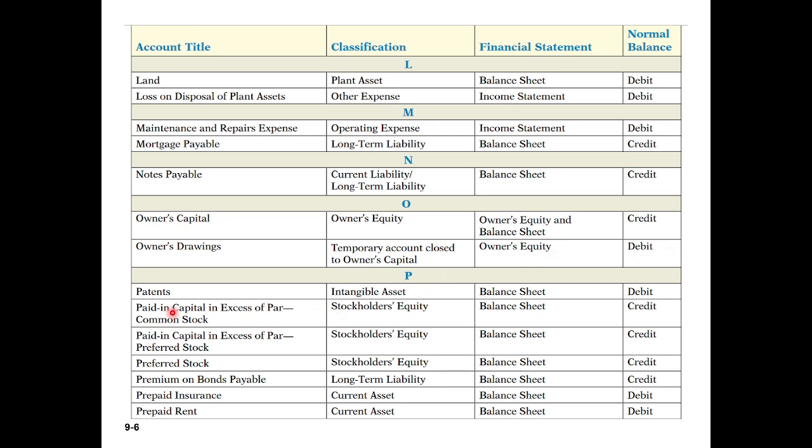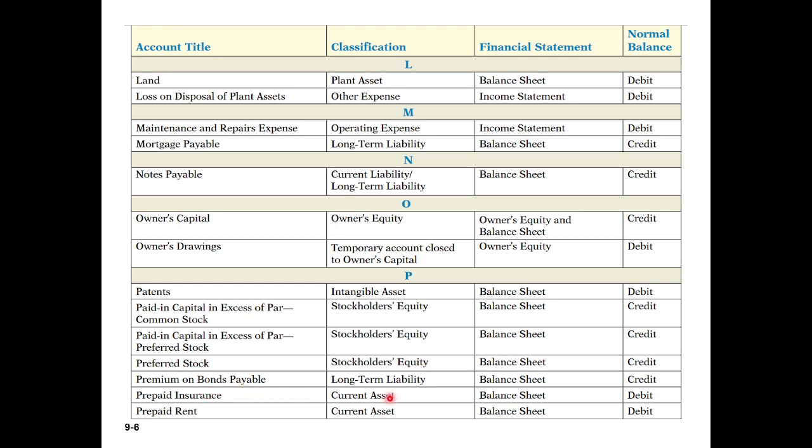Now P: patents, an intangible asset, balance sheet item, debit balance. Paid-in capital in excess of par, common stock, is stockholders' equity, balance sheet, credit balance. Paid-in capital in excess of par, preferred stock, is stockholders' equity, balance sheet, credit balance. Preferred stock, stockholders' equity, balance sheet, credit balance.